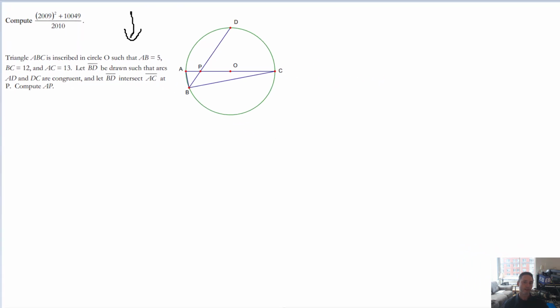Whenever you get stuck, your reflex should always be to say, well, all algebra is factoring, and I see a square in there. And what if we need a variable? What if x equals 2009? What would that mean? Well, here's what it would mean. It would mean we'd have x squared plus, whoa, how do we write 10,049 in terms of x?